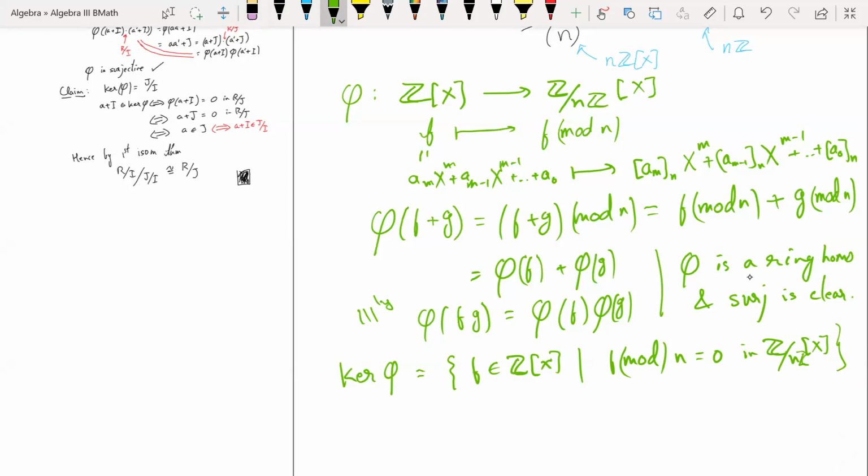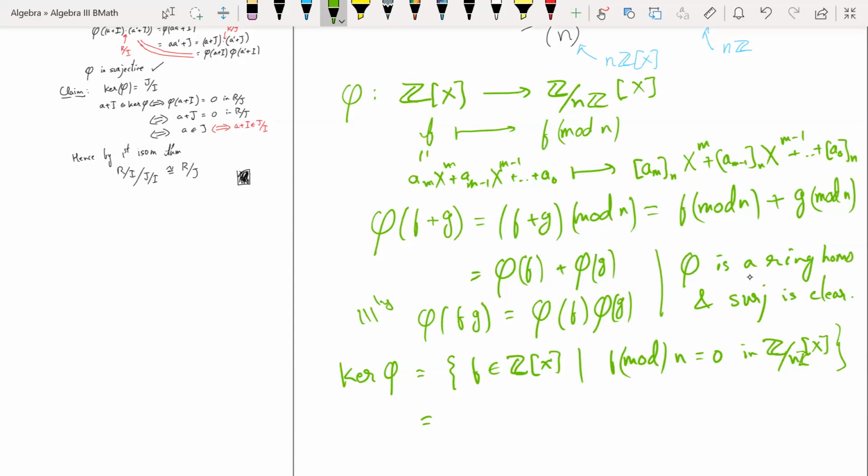This means that each coefficient of f is divisible by n. Zero polynomial means all the coefficients must be zero. So each coefficient of f is divisible by n means f belongs to nZ[x].